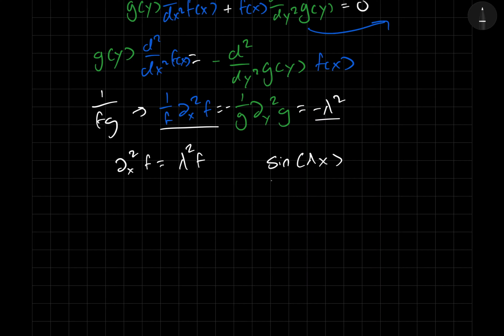If you take the derivative of that, it becomes lambda cosine lambda x. You take one more derivative, and it becomes negative lambda squared sine lambda x, which is simply negative lambda squared of the first term. Let's try this for cosine.